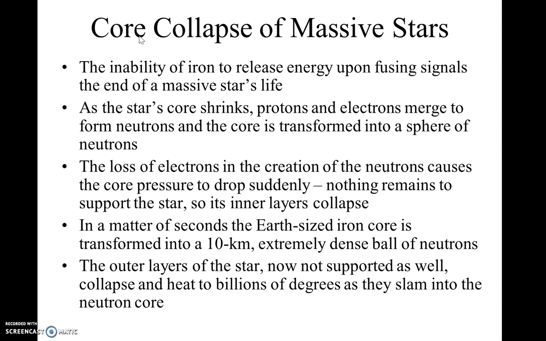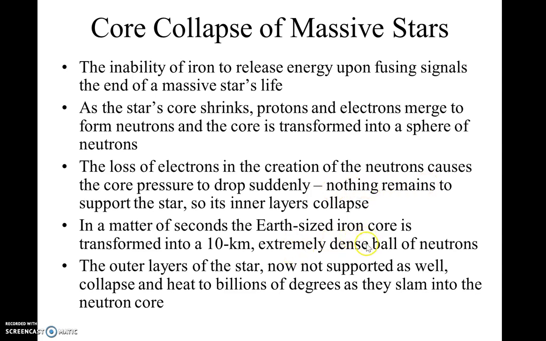But when the star tries to fuse iron, it fails, and what happens is the core shrinks in a very, very rapid fashion, and protons and electrons that are part of the star will actually merge in a nuclear process and form neutrons, and the neutrons will crush the star down to something roughly the size of the Earth, and sometimes even smaller than that.